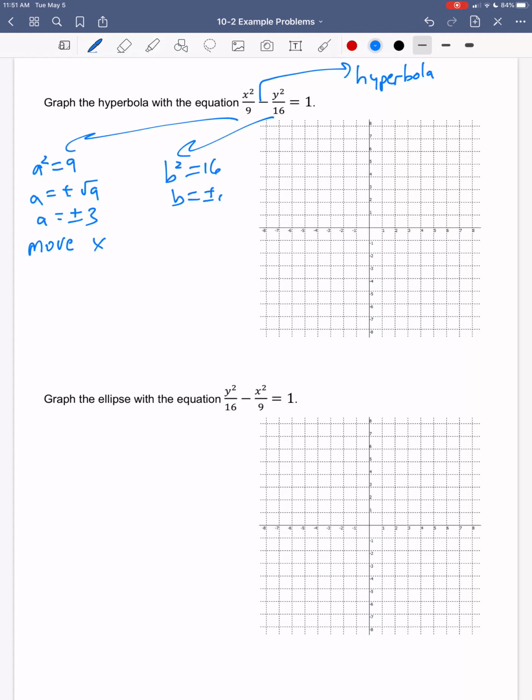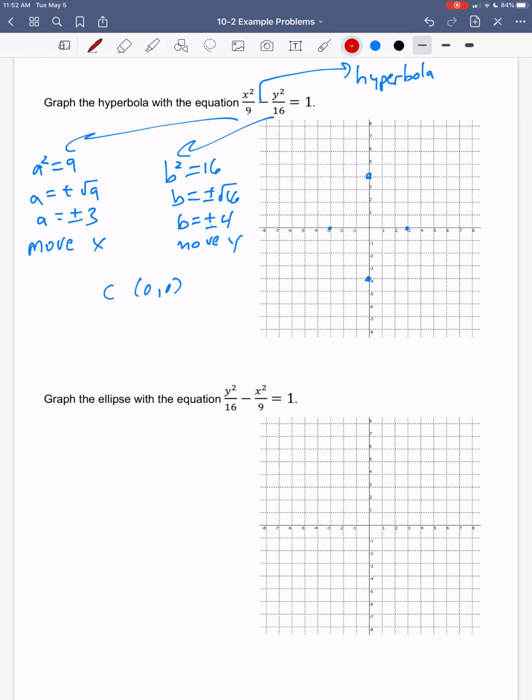B, on the other hand, comes from the y in this case, so that's how far I'm going to move in the y direction. And just like for an ellipse, since it's just x squared and y squared, my center is at the point 0, 0. So I move 3 in the x direction, left and right. I move 4 in the y direction, up and down.